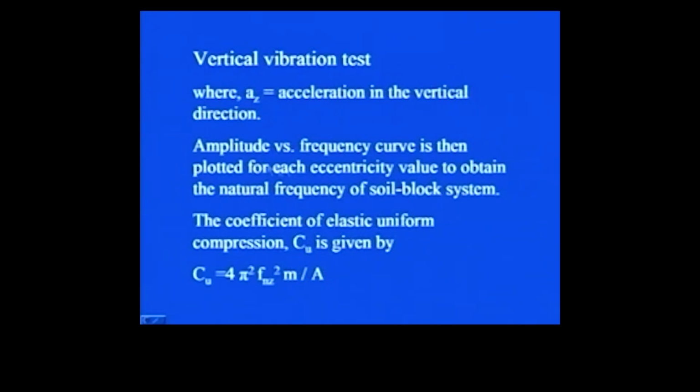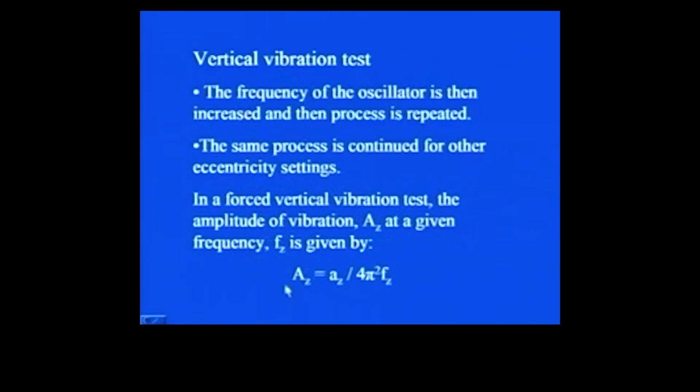How? An amplitude versus frequency curve is then plotted for each eccentricity value to obtain the natural frequency of the soil block system. We will see with the help of one figure how it is obtained, but from this particular expression, once az is known at a given frequency, which is also given, you are measuring it from the response of the acceleration pickups.